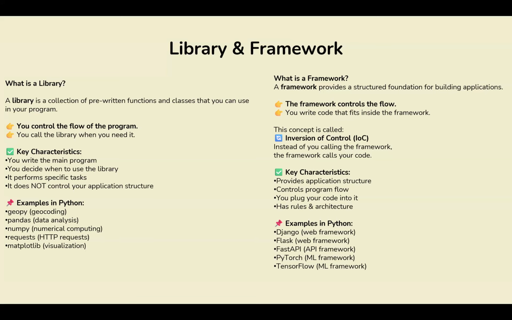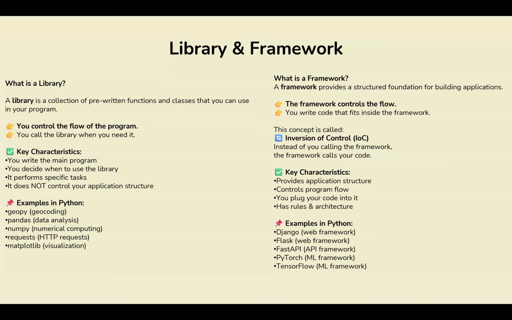Because of that, there is one technical term, inversion of control. What is the meaning of inversion of control? Whenever we use any framework, the framework gives you a template, and whatever code you want to write, you should write inside that template. That is called a framework. So what are the key characteristics of a framework?